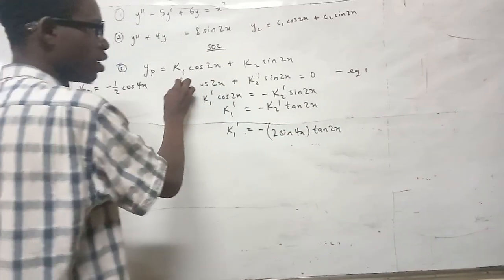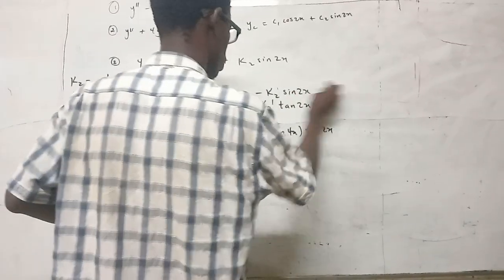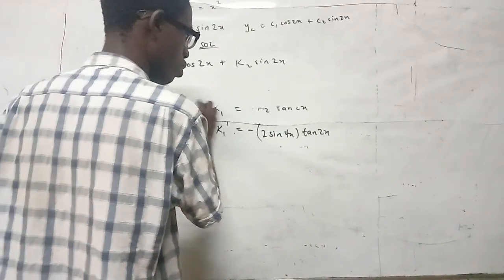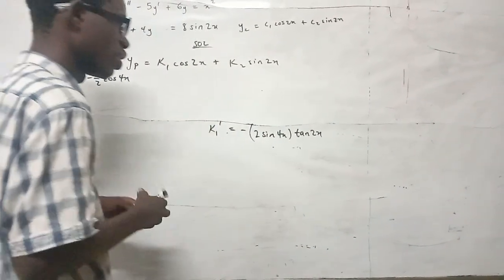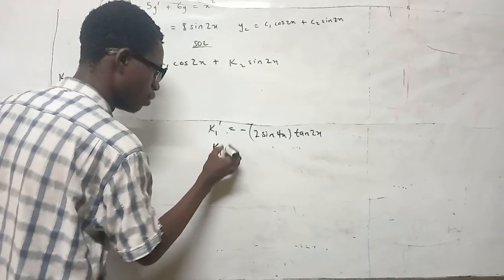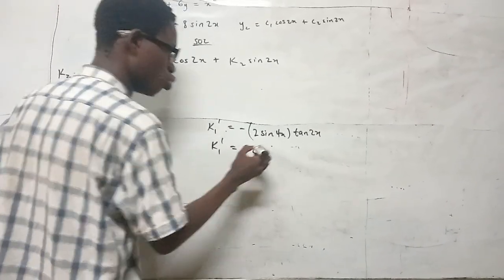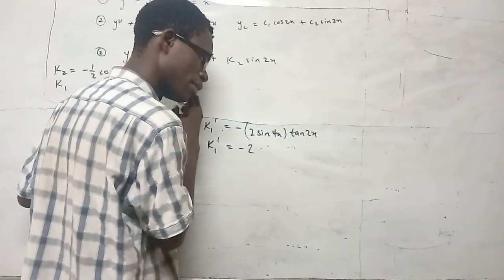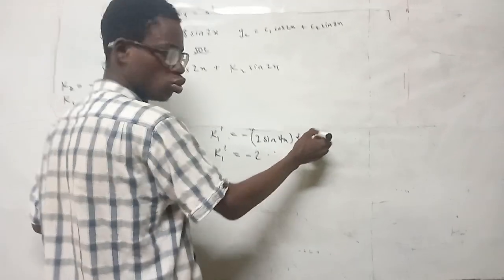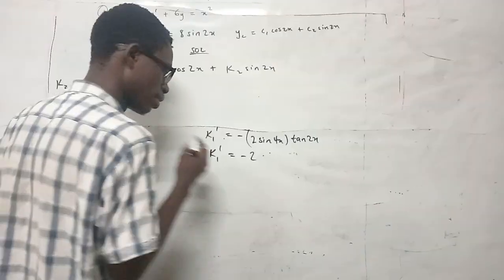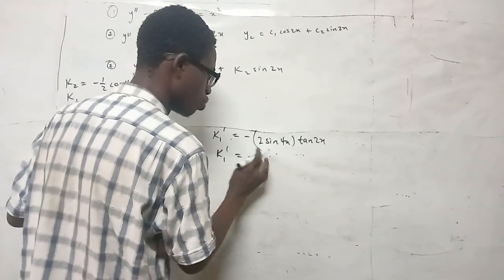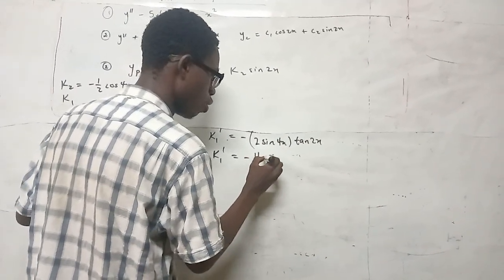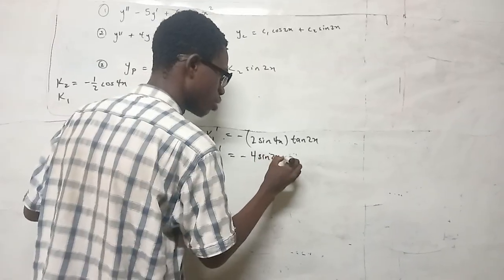So this means I can now simplify this and say k1 prime equals minus 2 sine 4x, which is the same thing as saying, to render it in terms of tan 2x, in terms of 2x, minus 4 sine 2x cos 2x.